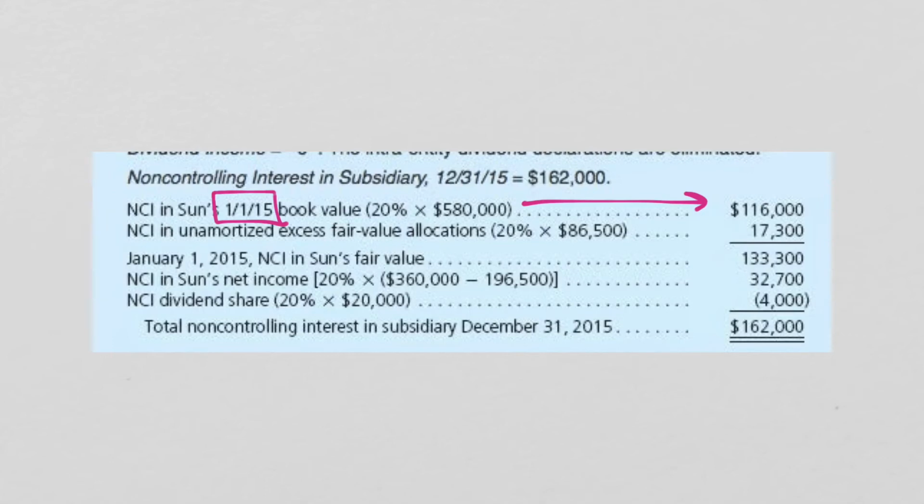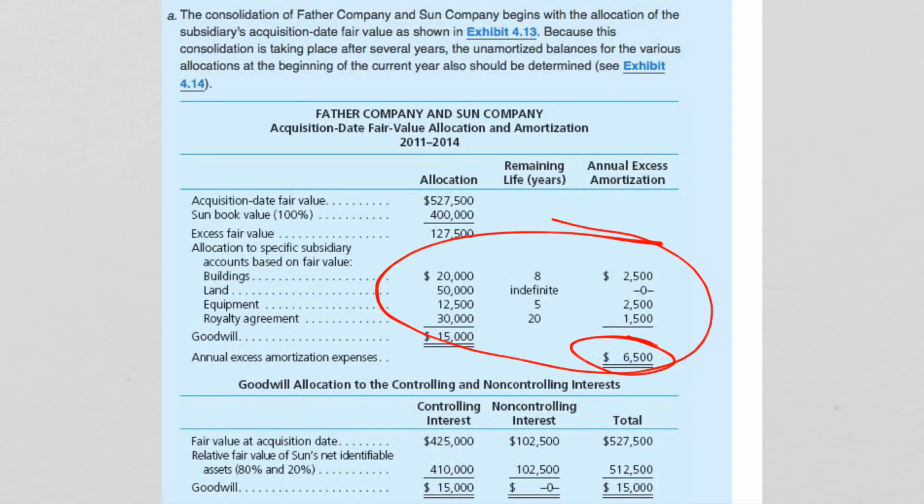Of course, this is book value, and we've got the adjustments that have been occurring on a consolidated basis every year. What adjustments are they? They are the adjustments due to the fair value excess that we saw when we first set up the problem, way back to this slide.